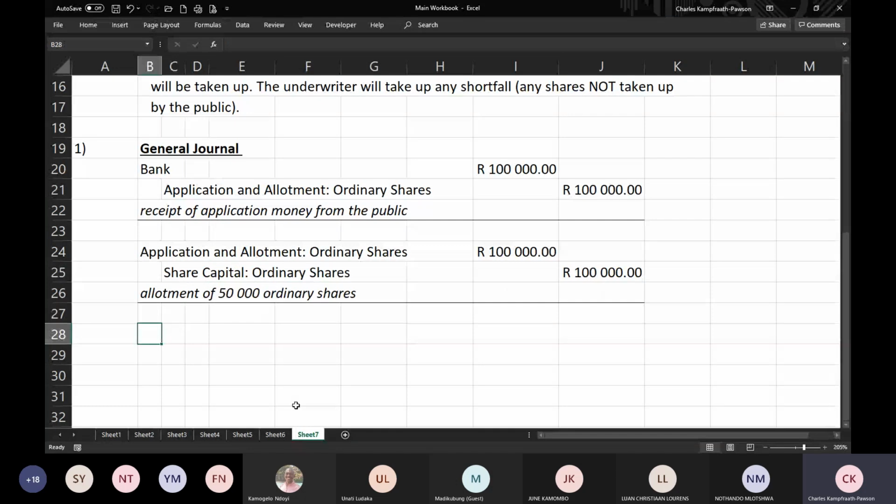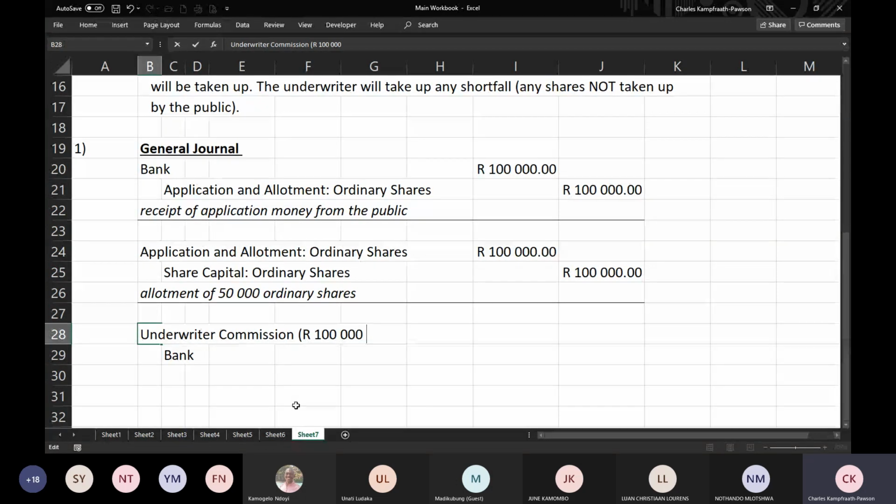And then, as I said, even though the underwriter didn't take up any of the shares, he still carried the risk, and we need to pay him his commission. What is that underwriter commission? What would the value be? 100%, because we want to raise 100,000 rand.